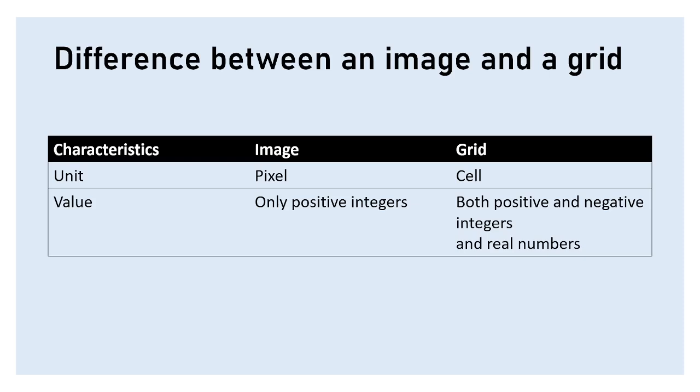The image or the pixel will only have positive integers as its value, while the grid data set will have both positive and negative integers and even real numbers. So that is more inclusive. Image is not very sophisticated; it's very easily understandable and accessible, unlike the grid data set. Most of the time the pixel gives us information regarding reflectance or energy information.